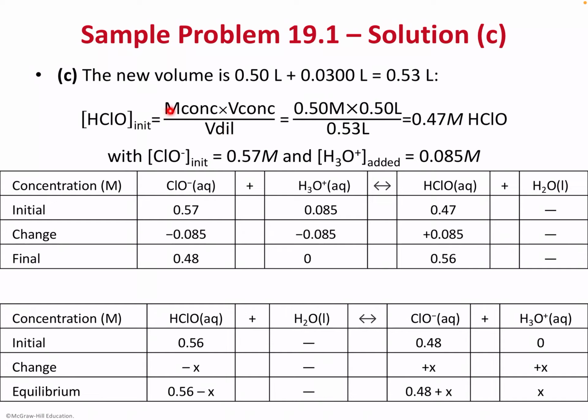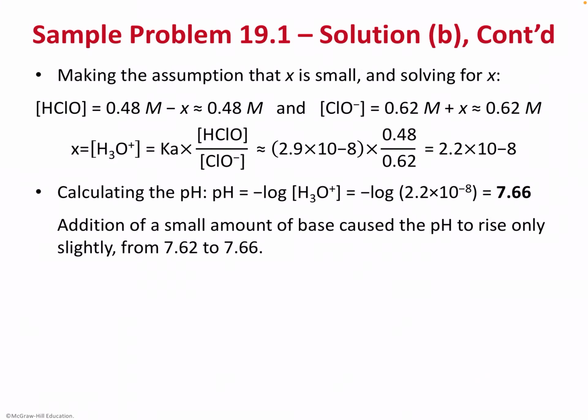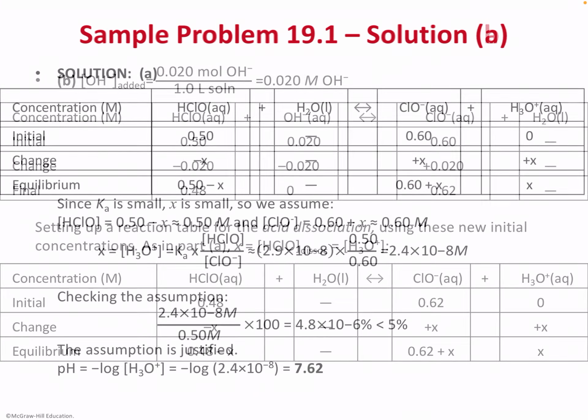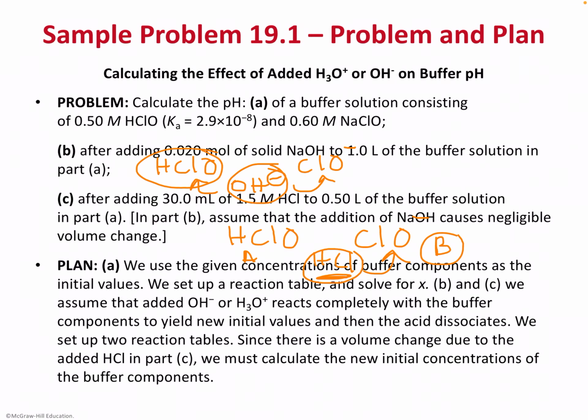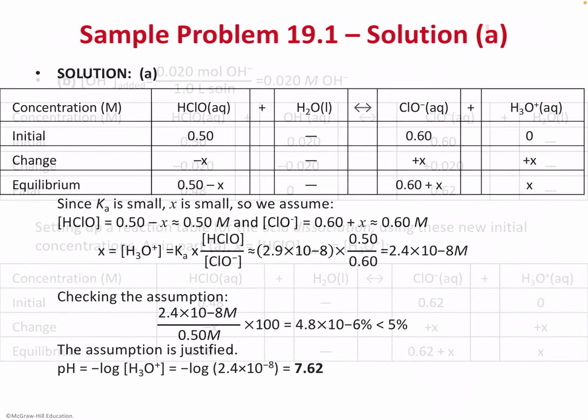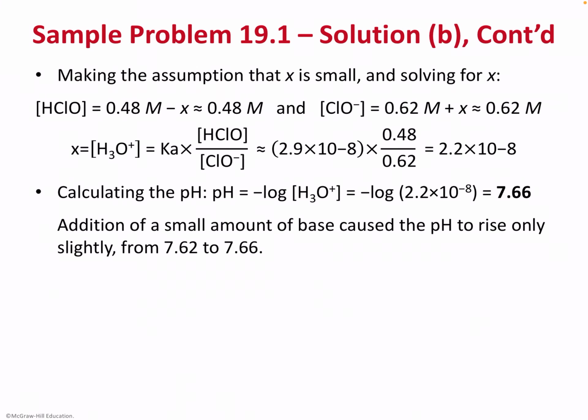Remember, it was 0.5 molar, given to us. If you have forgotten, we can refer back to the initial concentrations: 0.5 molar acid and 0.6 molar base. Remember this also, 0.6.